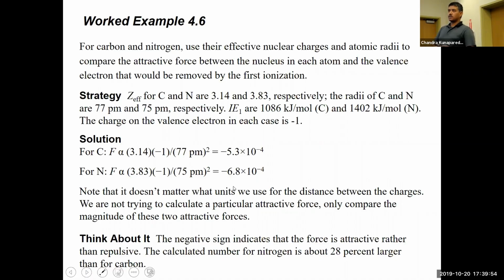So it just shows that if you have a larger Z effective, that is going to lead to a smaller atomic radius, that is going to lead to a greater attraction between the nucleus and the valence electrons, which is going to lead to a higher ionization energy. See, all of these are connected. Ionization energy is connected to the atomic radius, is connected to the atomic size. Atomic size is connected to the ionization energy values.